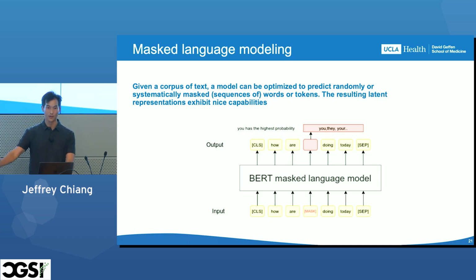It turns out if you do this over sufficiently large corpora, then the resulting latent representations have these nice capabilities that we see. I listed BERT here, which now seems like ancient history, but the intuitions for training these are similar.